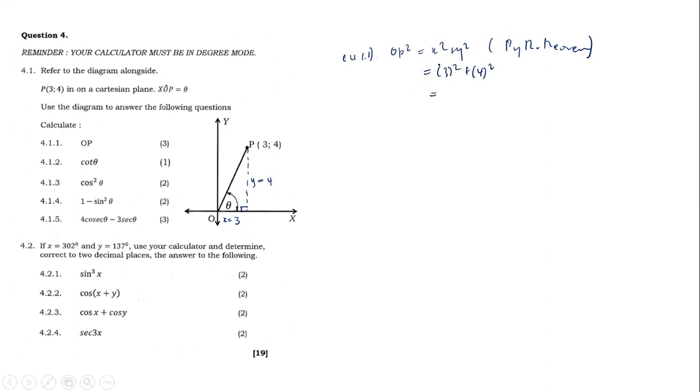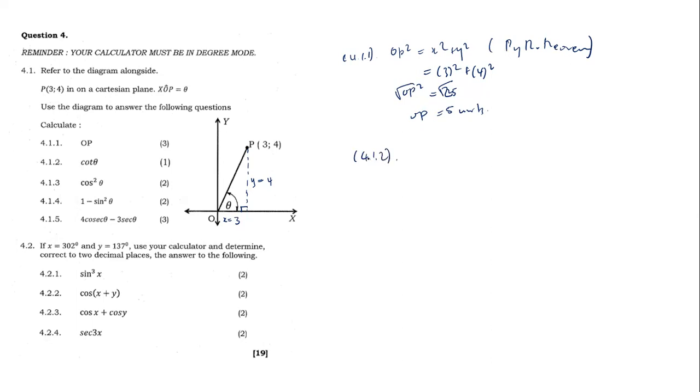Therefore it's 9 plus 16, which is 25. So OP squared is 25. Take the square root on both sides. Therefore, OP is equal to 5 units.